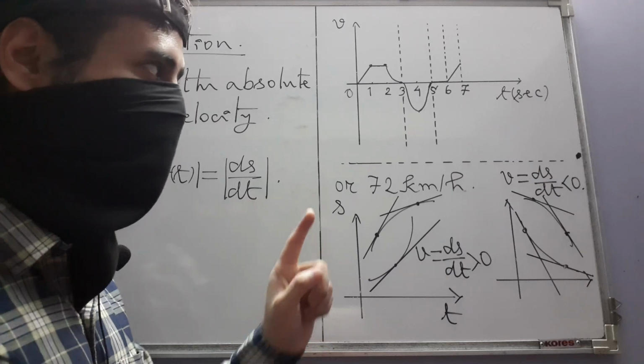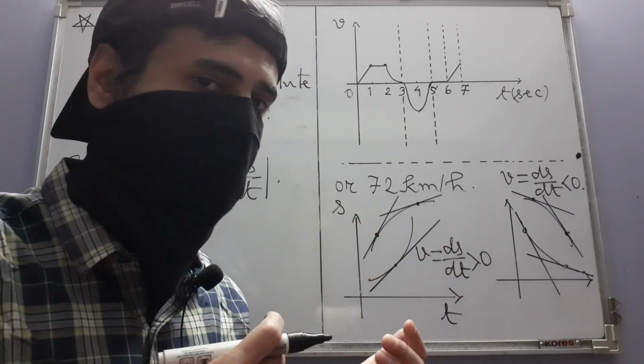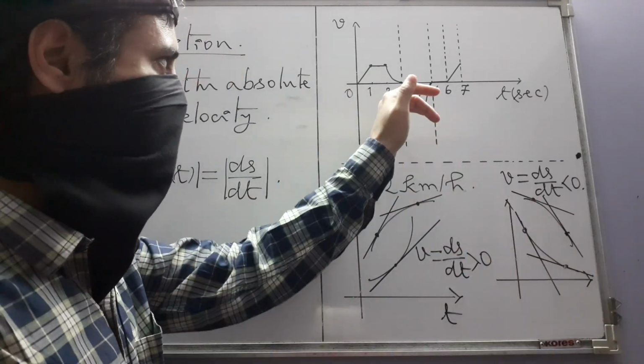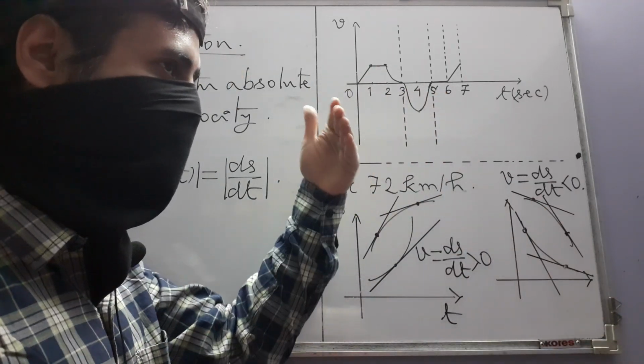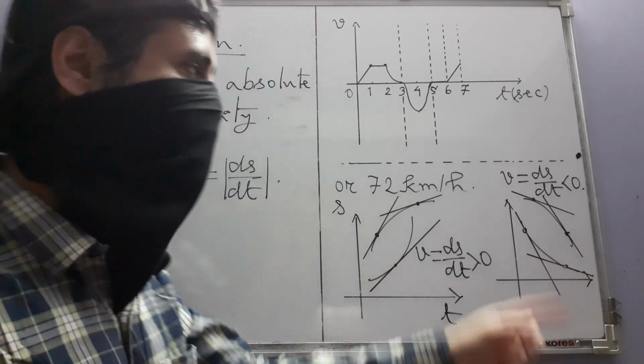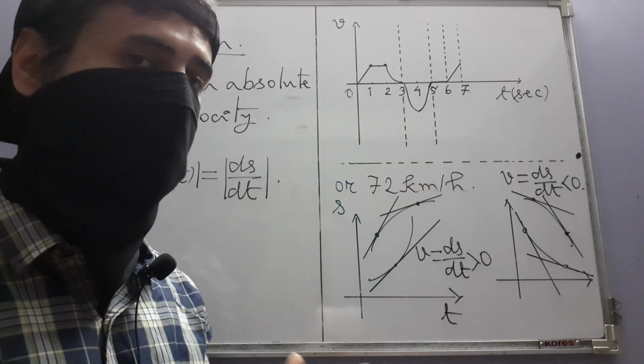You see, velocity decreasing doesn't mean the object is coming towards us. No, the object is still going away from us. Even in this third second, between t equal to 2 and t equal to 3, the object is still going away from us, but it is doing so with less and less velocity.